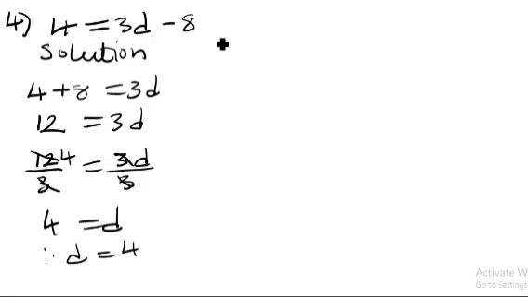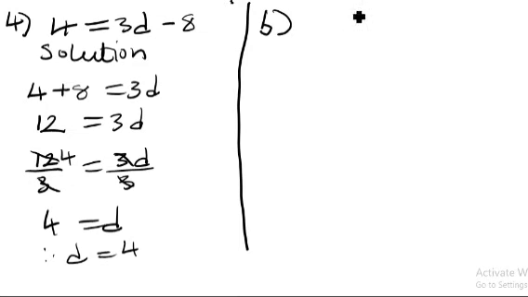The b part. Do I have a b part? Yes, I have a b part. In b part, let's use f. So I have 16 equal to 7f plus 2.